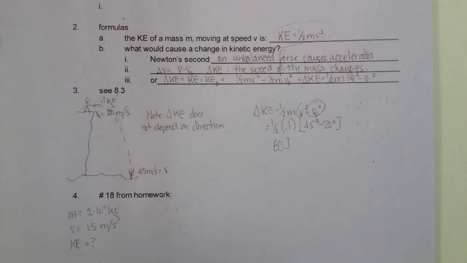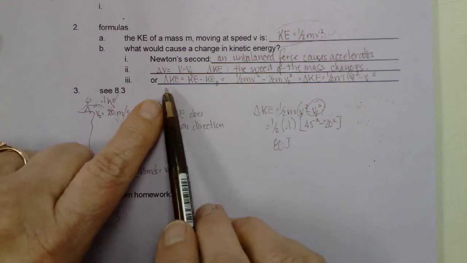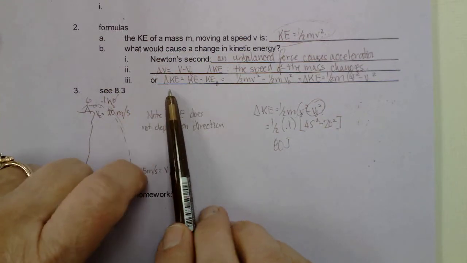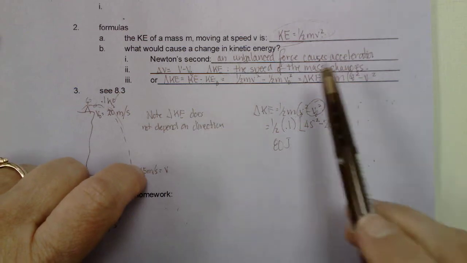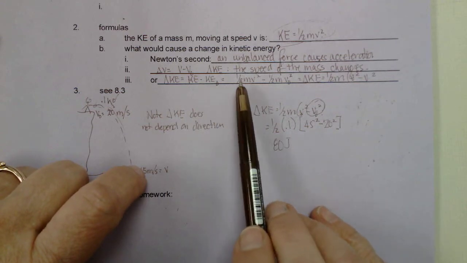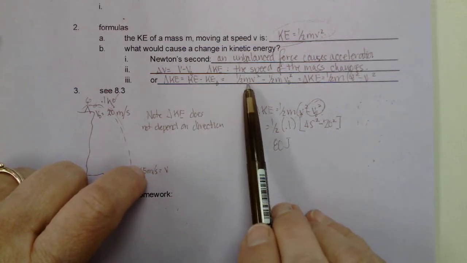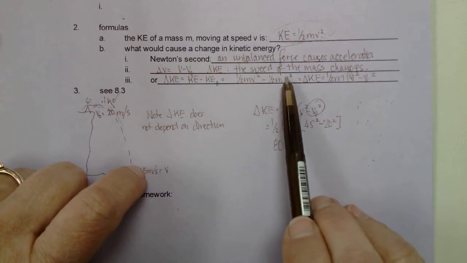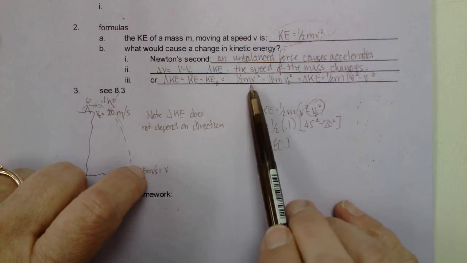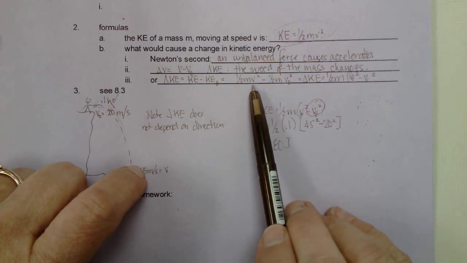How do I end up with that equation of v squared and v naught squared? Delta KE, delta anything, is final minus initial. So if I have delta KE, then what I really have is KE, 1/2 mv squared, minus KE naught, 1/2 mv naught squared, because again, only the velocities are changing.